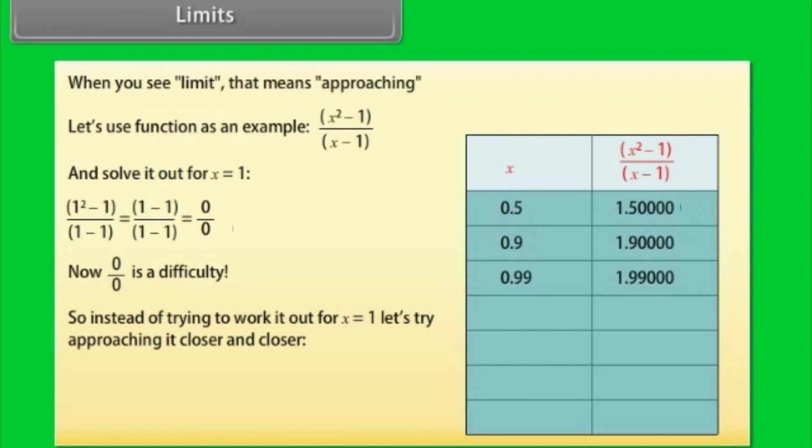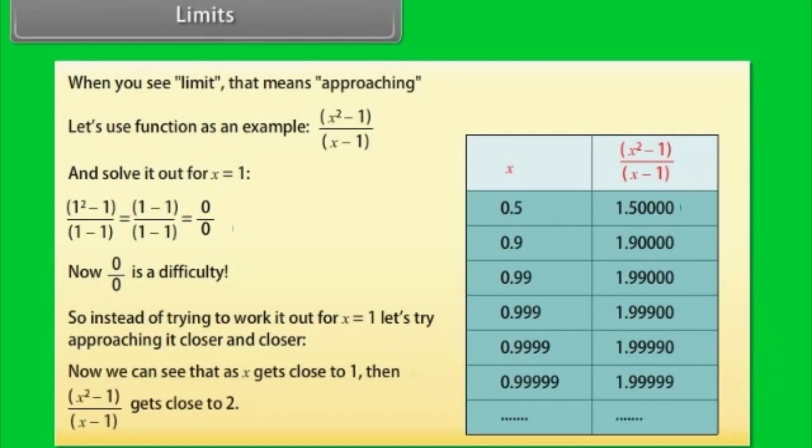For x is equal to 0.999, the value is 1.99900. For x is equal to 0.9999, the value is 1.99990. For x is equal to 0.99999, the value is 1.99999.